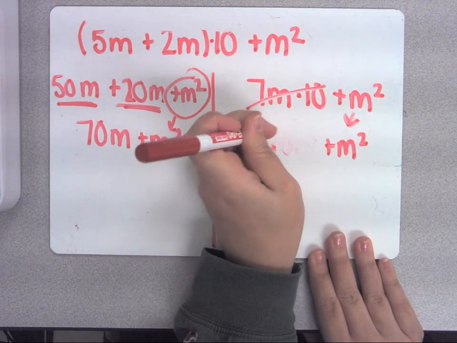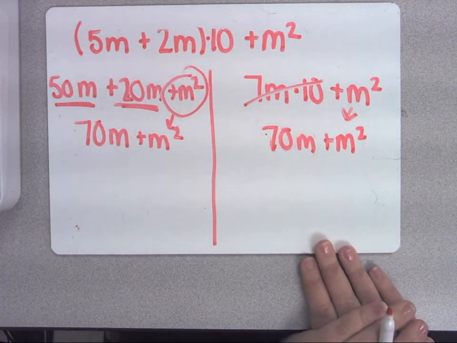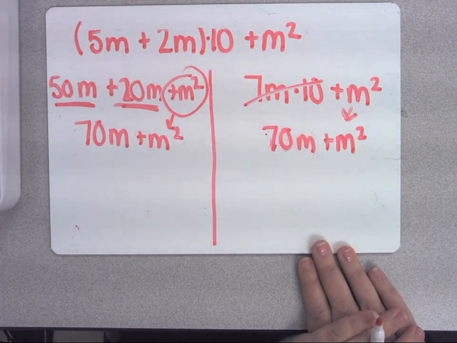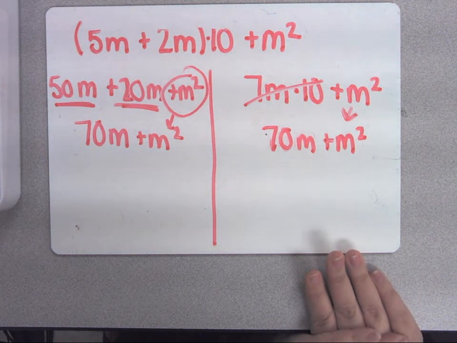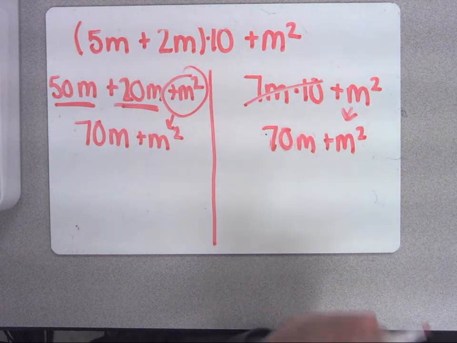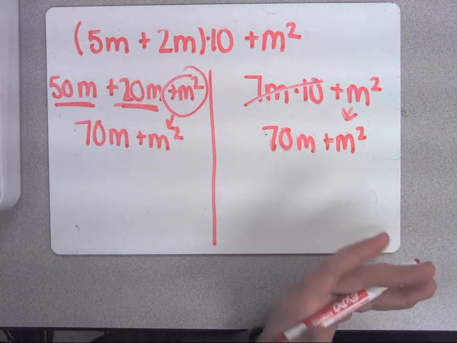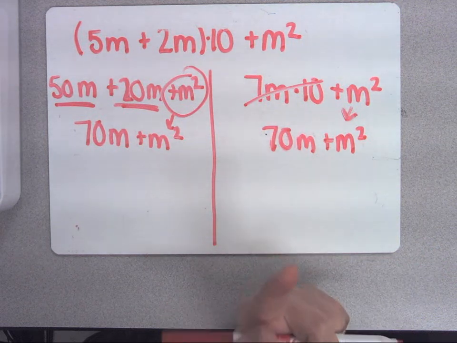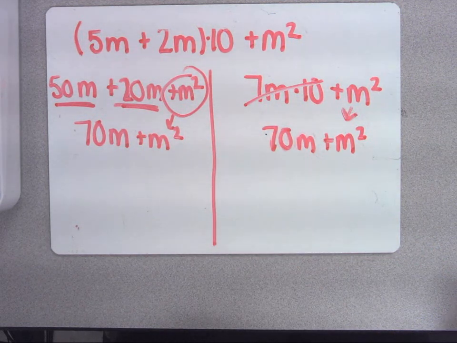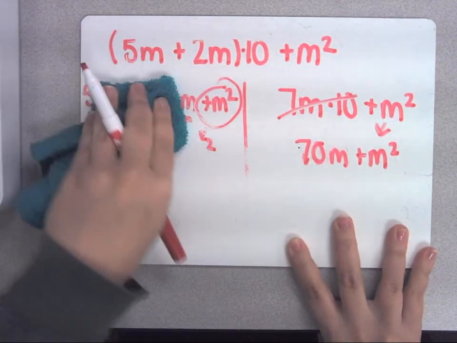And other than the fact that that was written very ugly, same amount of steps, same amount of work, same answer. Does that make sense? So does it really matter? No. If you're better at one way than the other, could it make a difference? Potentially. Maybe. Possibly. We'll see. Who knows? Let's try some things.